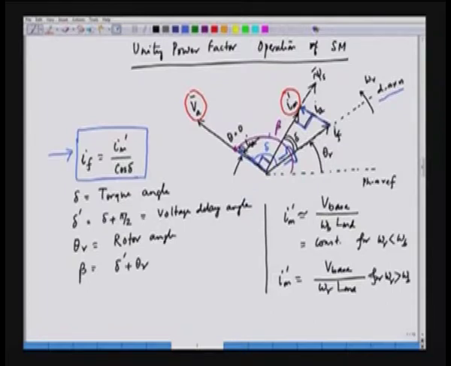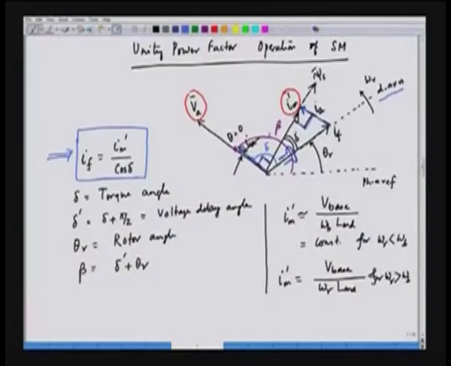To ensure that this right angle triangle exists, we can find If by this relationship. If is given as Im prime by cos delta. Now, what is this delta? This delta is the torque angle.